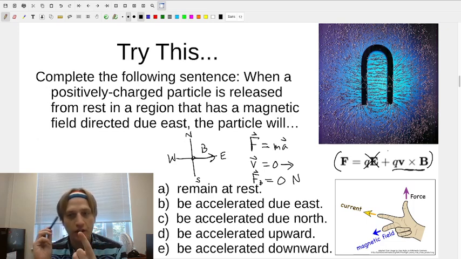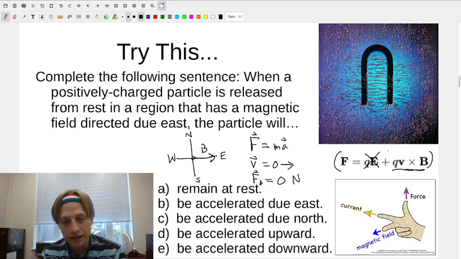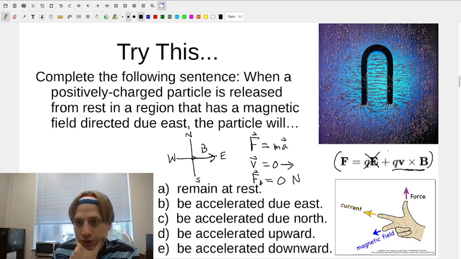To experience magnetic force, your particle has to have an electric charge. It has to be moving, and the direction of the magnetic field and the direction of the movement can't be in the same direction. Okay, so this is the cross product part of it.